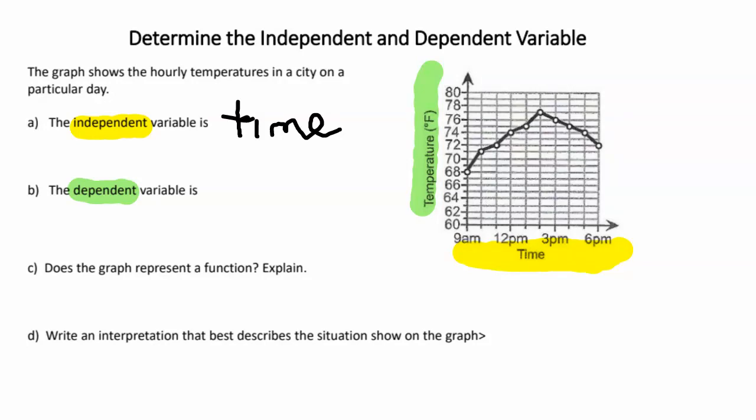I just had to know where to find it. Okay. I didn't have to figure out the story. It was on the graph, but I had to know where to find it.